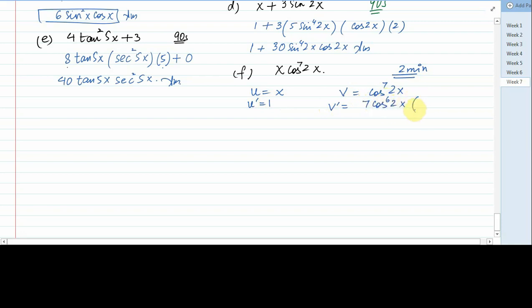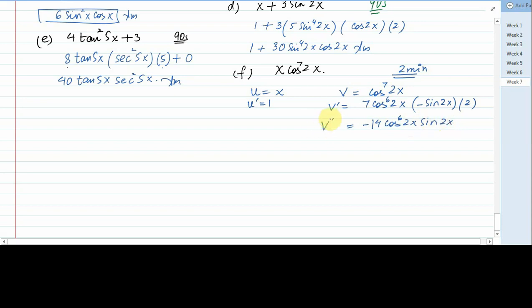Now we need to differentiate the function, that is cos 2x. The derivative of the function will be minus sin 2x, and now we need to differentiate the angle, that will be 2. So in short we can say that 7 twos are 14 with the negative sign, cos⁶ 2x into sin 2x, that is the derivative v dash.